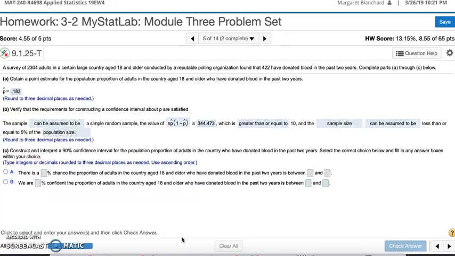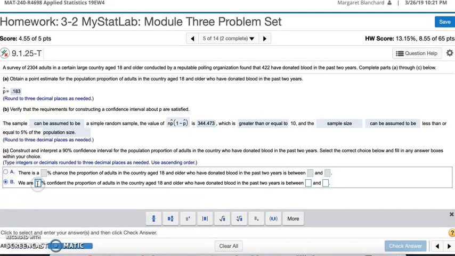The other way to think about this is if we were to pull another 100 samples out of that same exact population, 90 of those samples should have their proportion in that interval. That's the definition of it, but you can think of it either way.